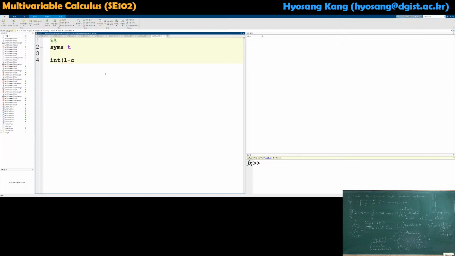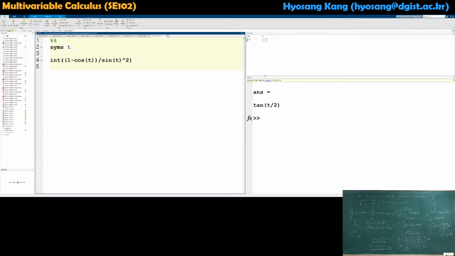Integral of 1 minus cosine t. I'm not going to add an absolute value sign here yet. I just want to know how to compute this. So sine t square, right? Tangent? Really? How about 1 plus cosine t minus cotangent? Okay.